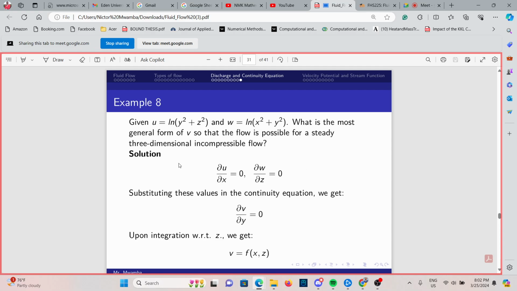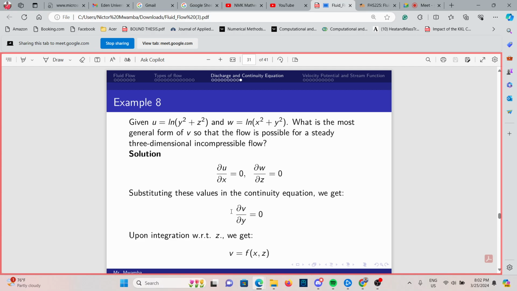So we know that when we find the derivative of u, the velocity component that we are given, with respect to x, there's no x here, so the derivative will be 0. When you find the derivative of w with respect to z, there's no z here to be reduced. The change of the velocity will be equal to 0. So the only way the first, the second, and the third component can all be equal to 0 is when the third component is also equal to 0.